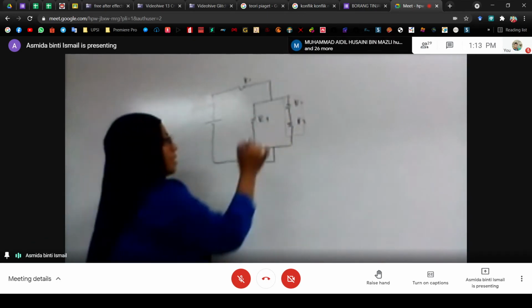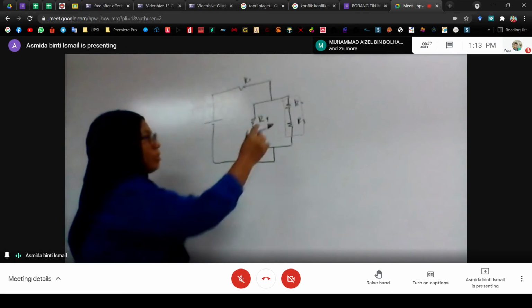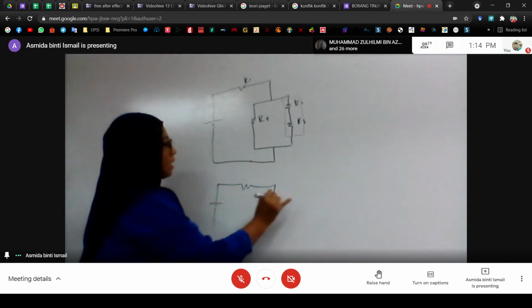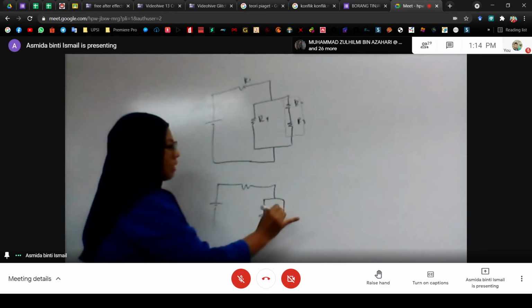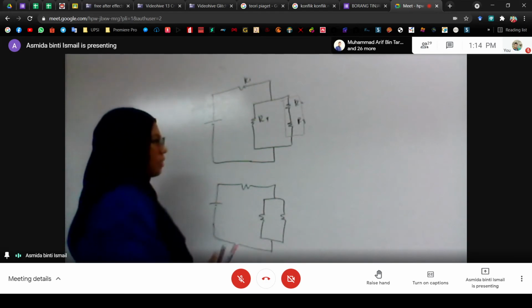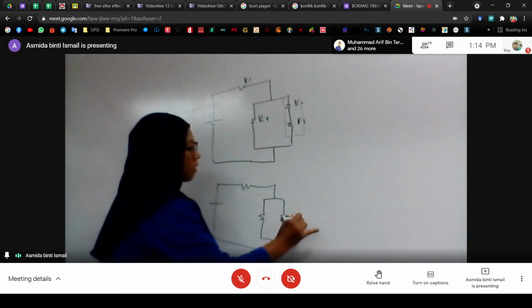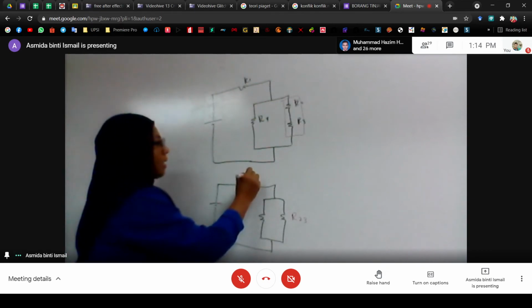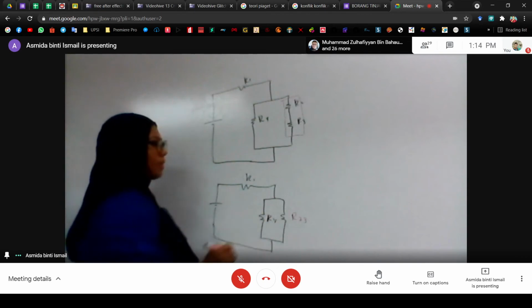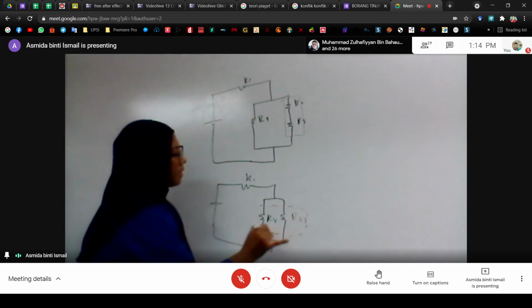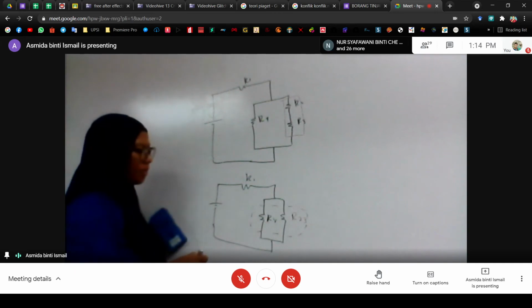Okay, so we combine these two first. Okay, so this is R23. Okay, so this is R1. This is R. Okay, so this one is a parallel. Okay, so we combine these two in parallel.